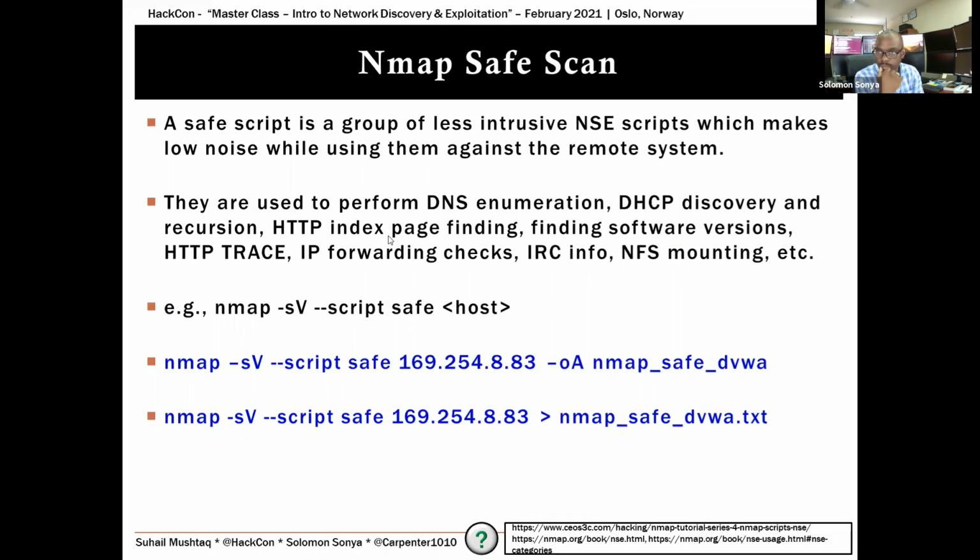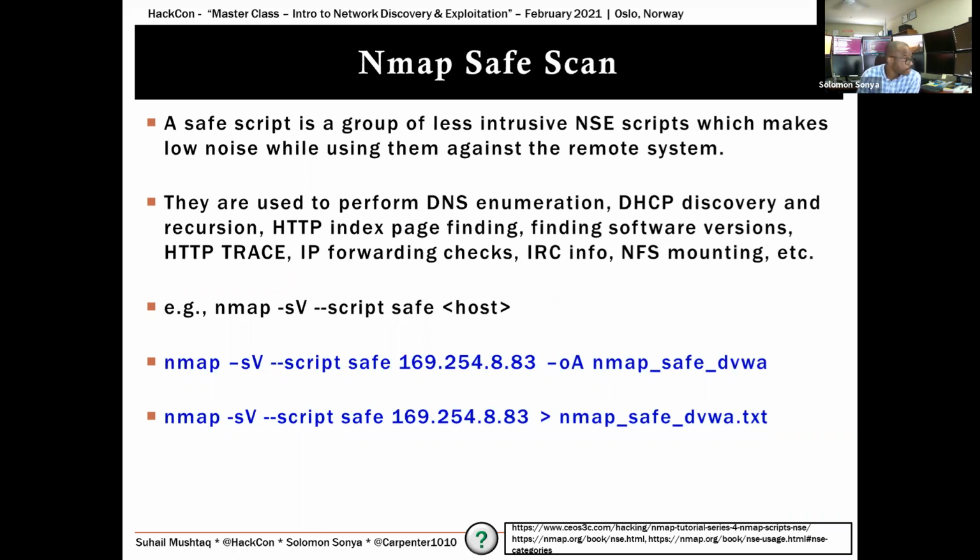Okay, safe scripts are a group of less intrusive Nmap scripting engine scripts, which also make less noise on the victim machine we're going after. They're used to perform DNS enumeration, DHCP discovery, recursion, HTTP index file finding, software version, HTTP trace, etc.